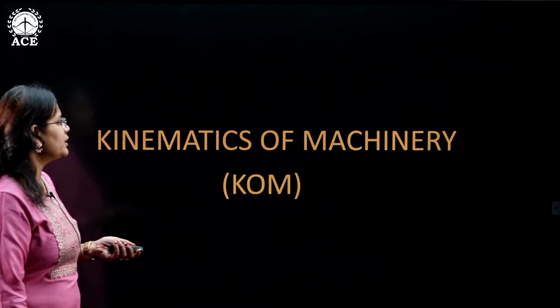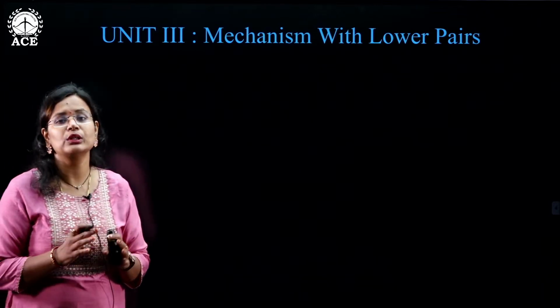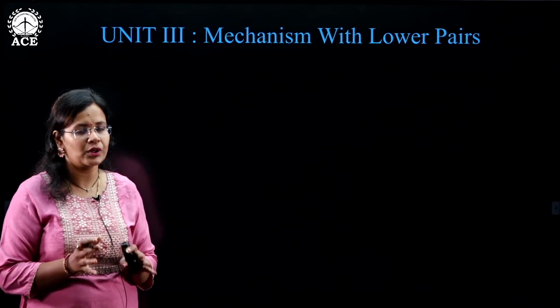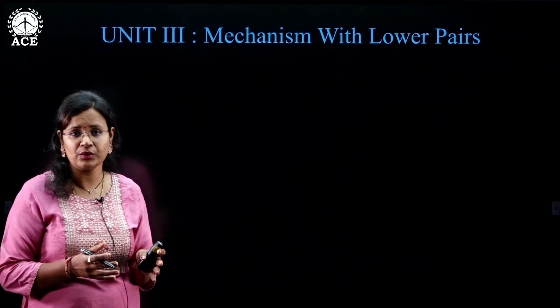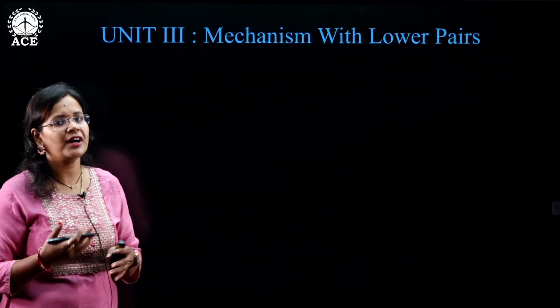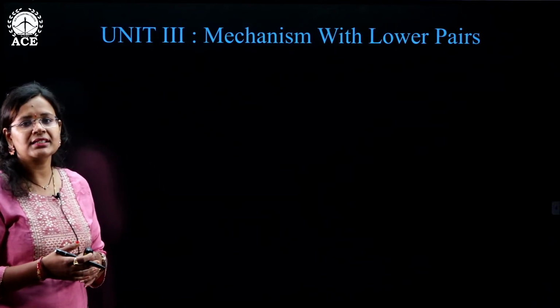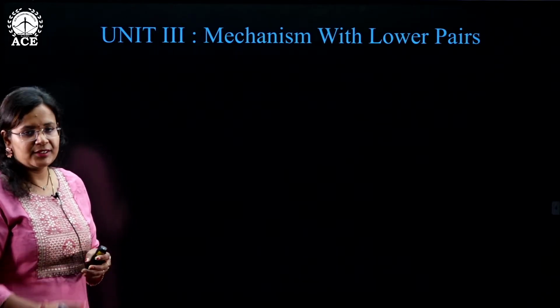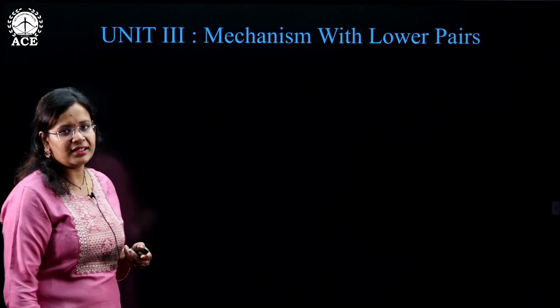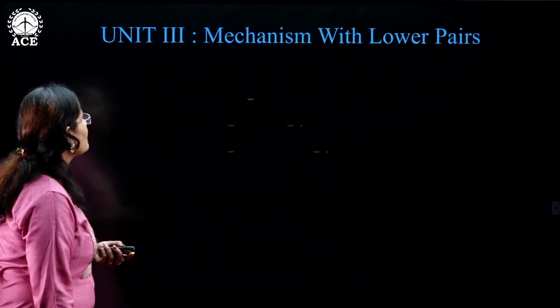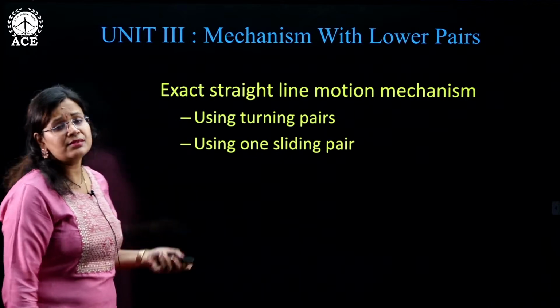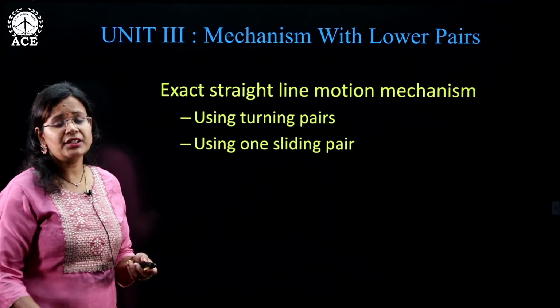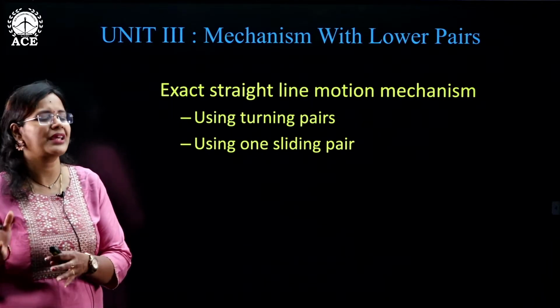Here in this session, we will be discussing mechanisms with lower pairs, specifically lower pairs. In the first session, we talked about what a lower pair is. Just to revise, lower pairs are pairs of links which have a surface contact. So this session on mechanisms with lower pairs will cover straight line motion mechanisms.